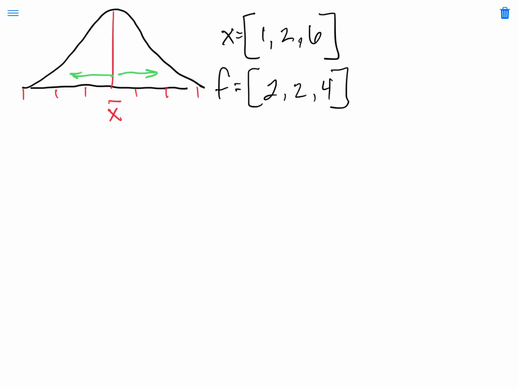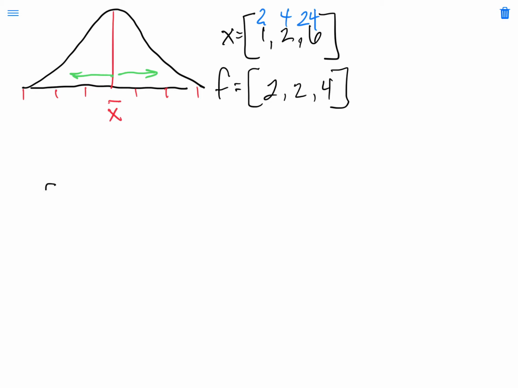So 1 becomes a 2, 2 becomes a 4, and 6 becomes a 24. The 6 was already the most significant player, but weighted twice as much as anybody else, it becomes the big factor in our calculation.